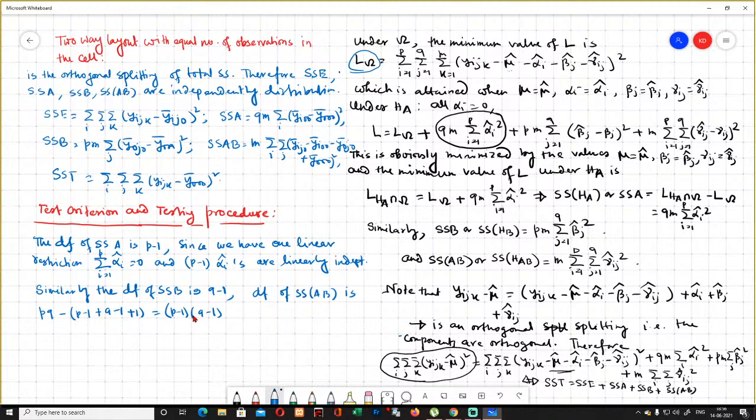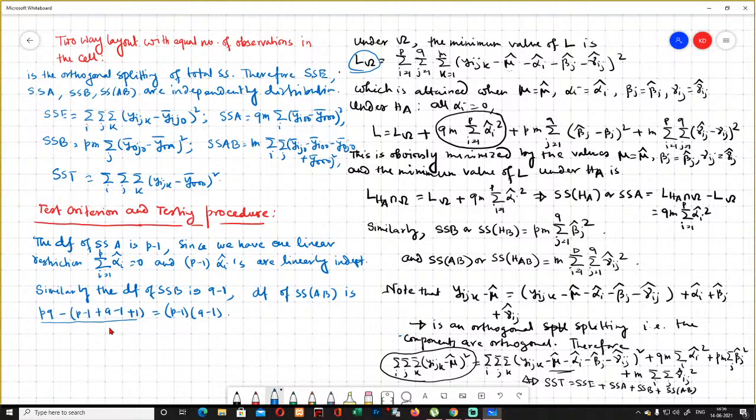and the error degrees of freedom we can argue in a similar way, because here only this number of equations are independent. We already knew this thing.